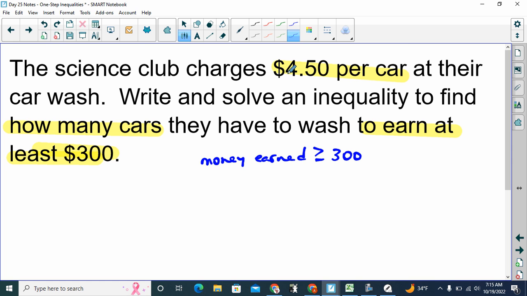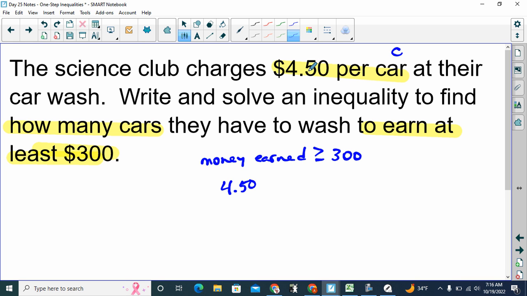They are earning $4.50 per car. I'm going to call number of cars C. So the money that they earn is $4.50 for each car. So 4.50 times the number of cars that they have. If they have one car, we do 4.50 times 1.